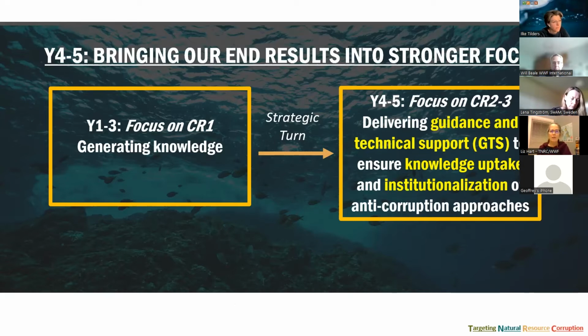So really trying to focus more on the knowledge uptake in practice, and then working on some ways that we can leave behind a kind of footprint of new work processes, new ways of doing things within the organizations that we target as boundary partners.